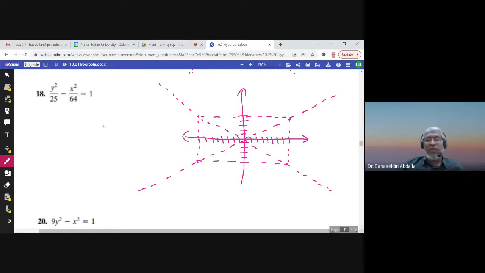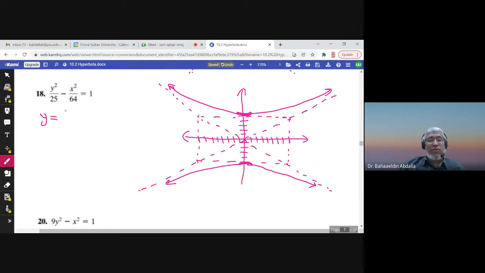Where are the vertices? It's y squared, so the vertices are here, also here. So this is the graph of the hyperbola.